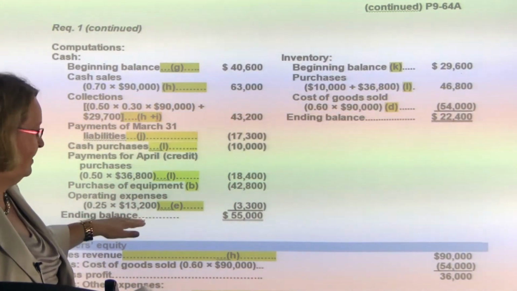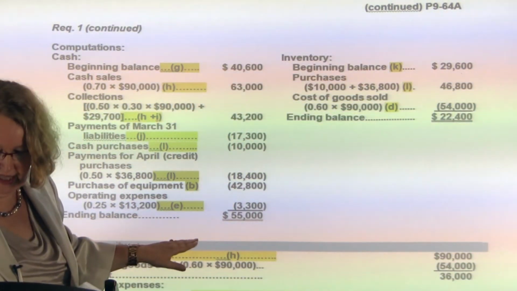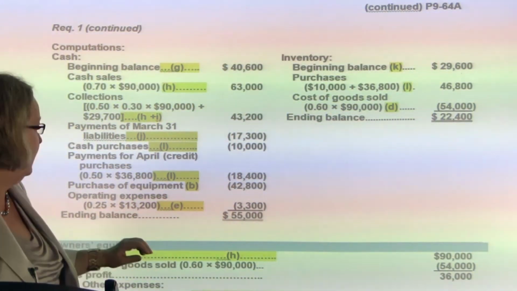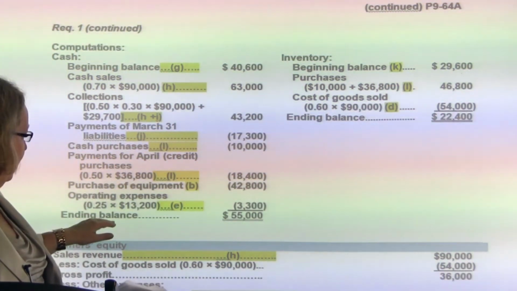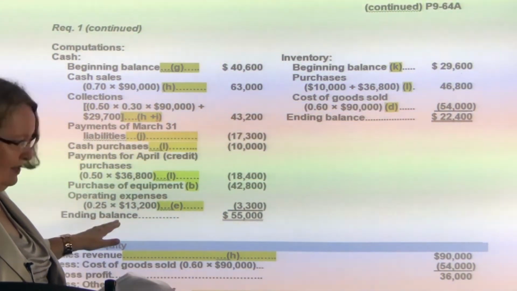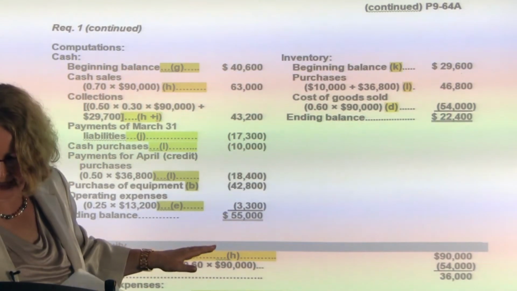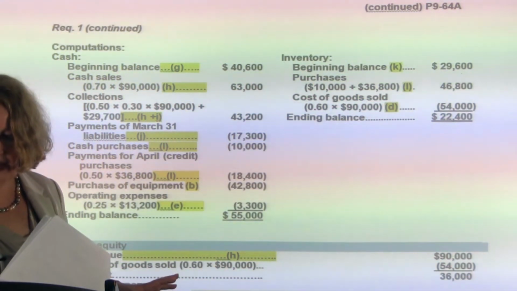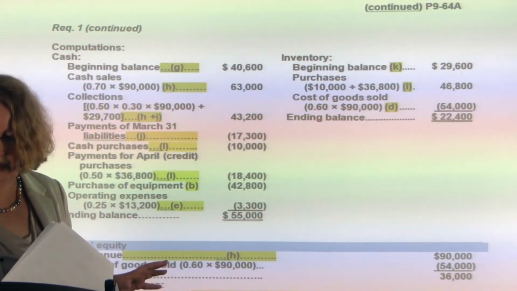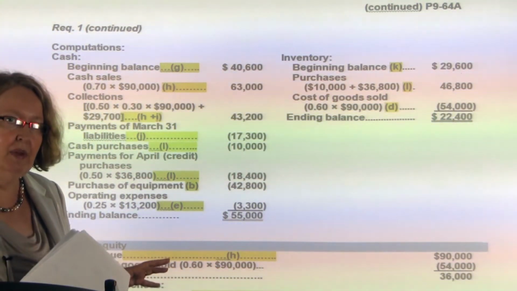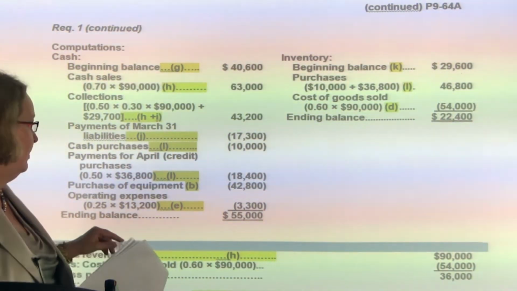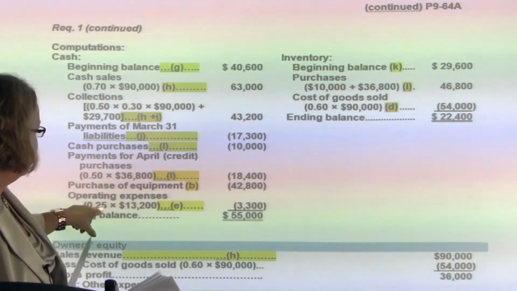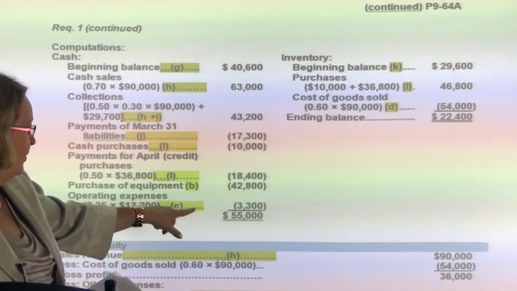Operating expenses come from section E, and your total expenses is $13,200, but 25% of that will be paid by cash in the current month. So 25% times 13,200, 3,300.